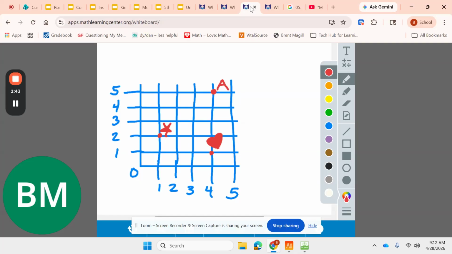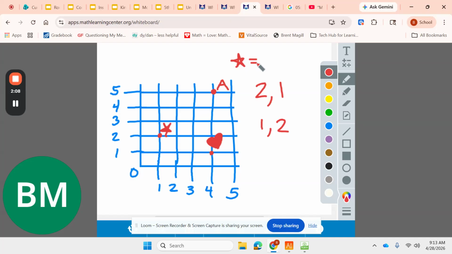So maybe the coordinates are 2, 1. Right? But then you can also see it could be ordered 1, 2. You can go across and then up 2. So which is it? What does the star equal for an ordered pair?